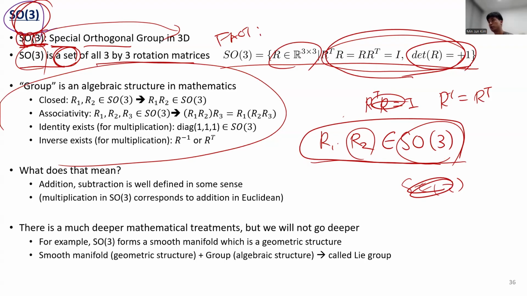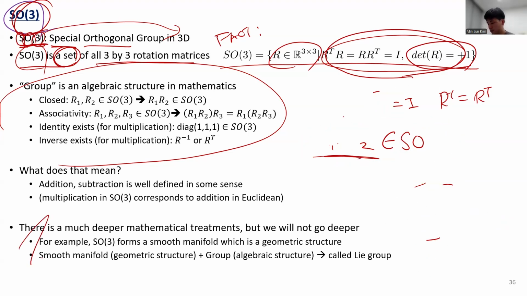It's not just an arbitrary 3x3 matrix. It has a special structure and it's a rotation. If you multiply any two rotation matrices, that's again a rotation matrix, which means it belongs to the SO3 set. And inverses always exist. If you have a rotation matrix and take the transpose, that's the inverse. Okay.